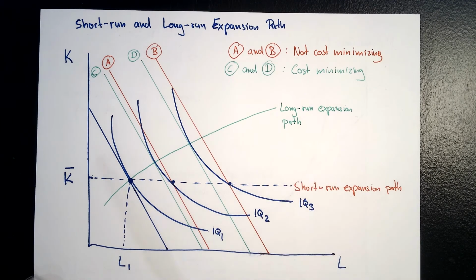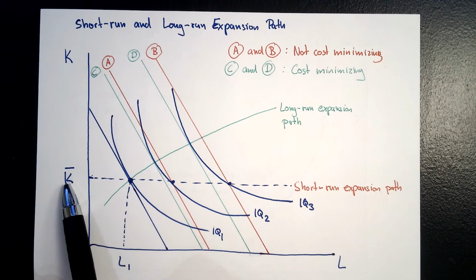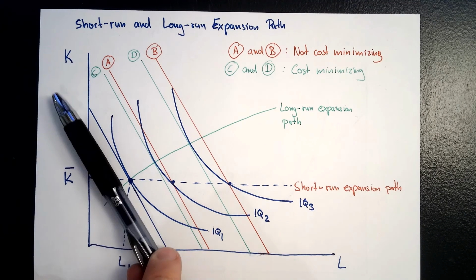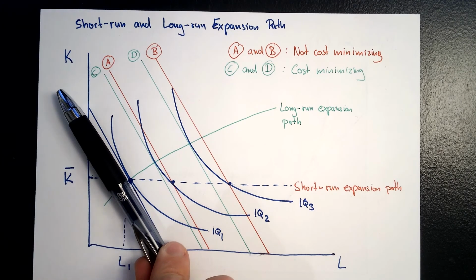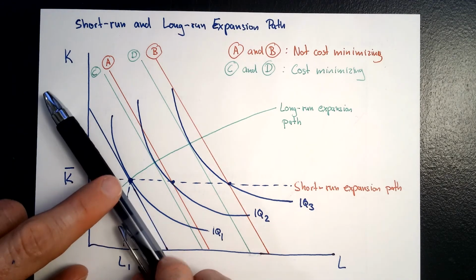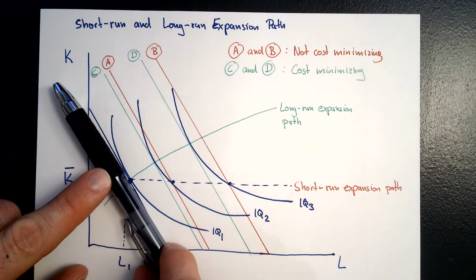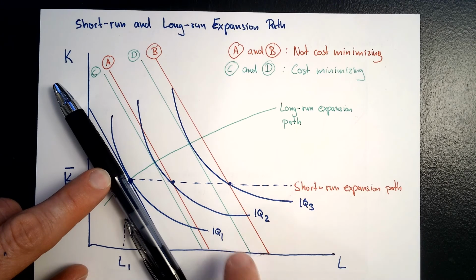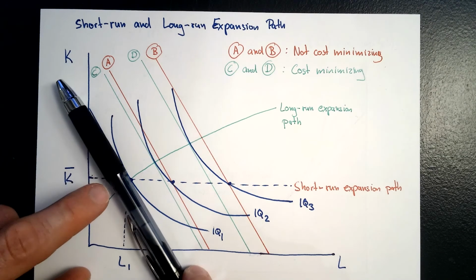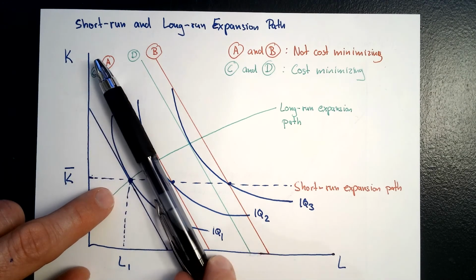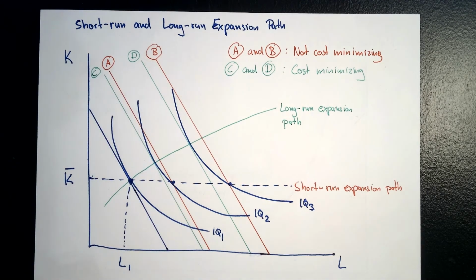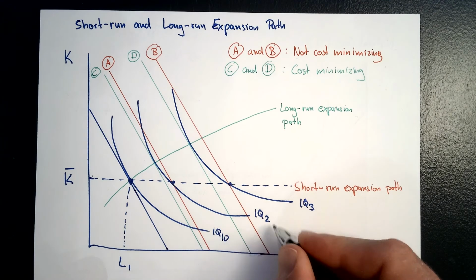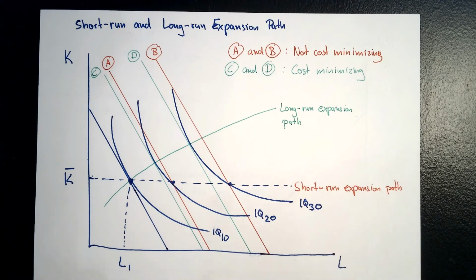Now, K bar units of capital and L1 units of labor may have been efficient for the lowest output here, say IQ1, that is say associated with 10 units of output, but it may not be efficient for higher levels of output. So assume that instead of 1, 2, and 3, let's call it 10 units, 20, and 30 units.